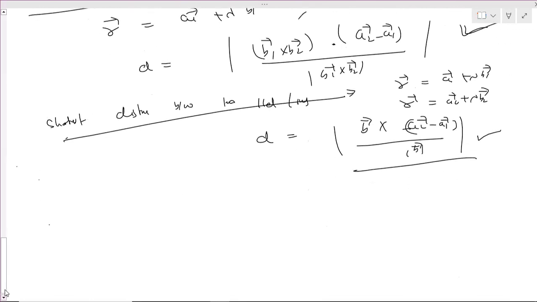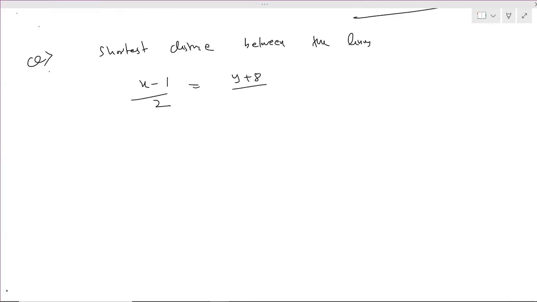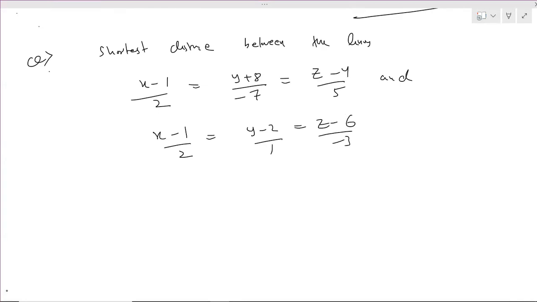So try one question. Let's see if you can apply this. Shortest distance between the lines (x minus 1) upon 2 equals (y plus 8) upon minus 7 equals (z minus 4) upon 5 and (x minus 1) upon 2 equals (y minus 2) upon 1 equals (z minus 6) upon minus 3.